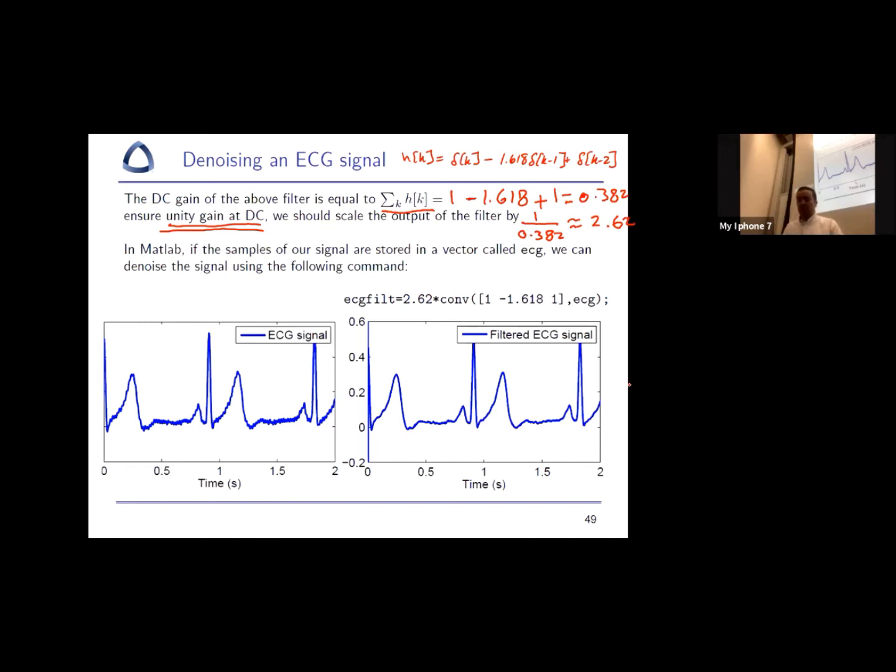So this is the signal. Here it was at about 0.6. This is the original one, okay? After we passed it through our filter, this is the filtered ECG signal. We use MATLAB for that.